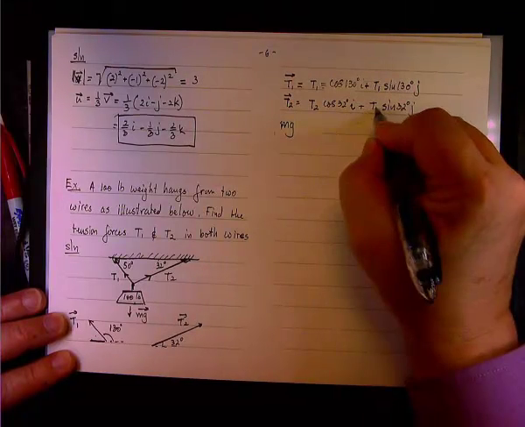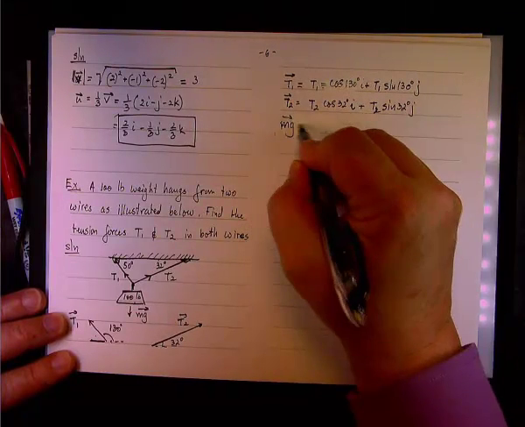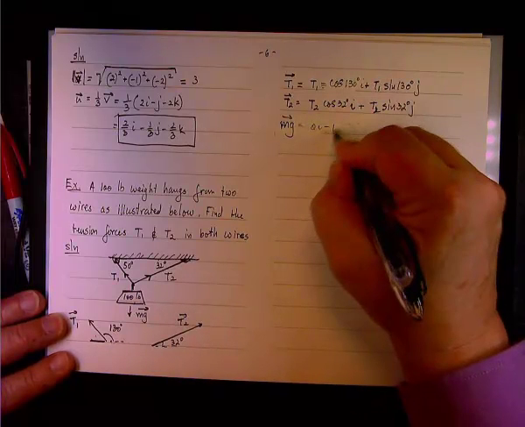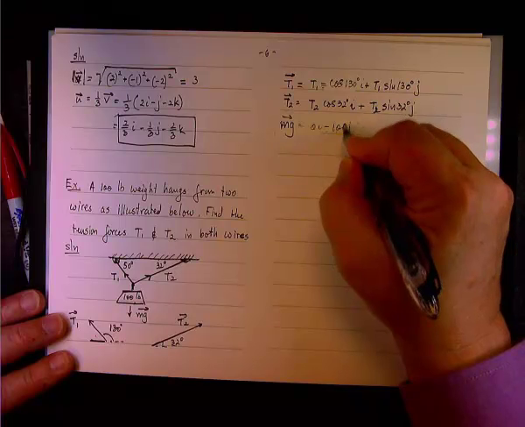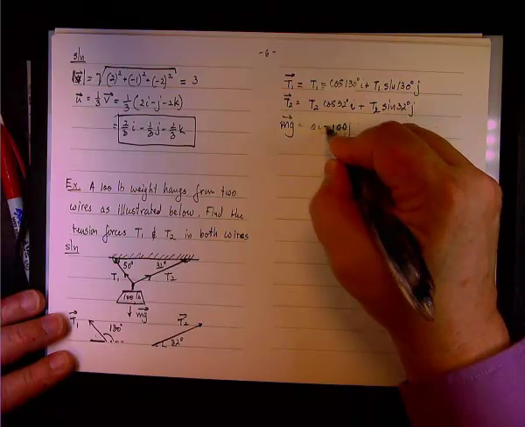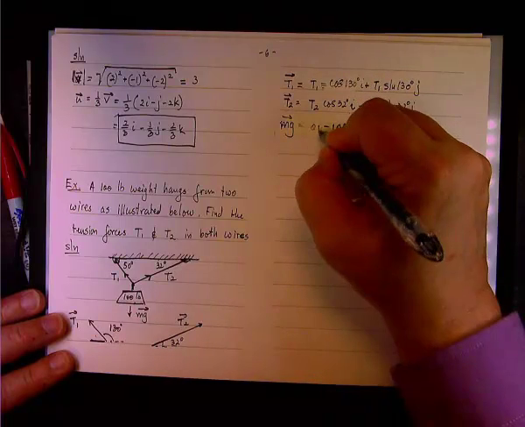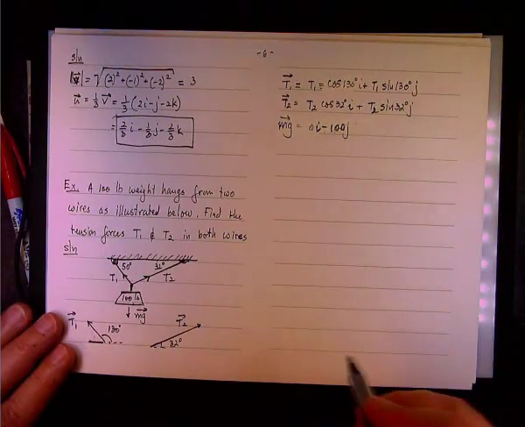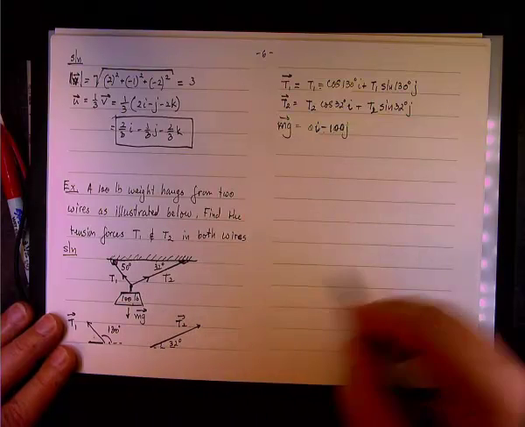Vector mg has only a J component, okay? Vector mg equals 0 I minus 100 J, okay?